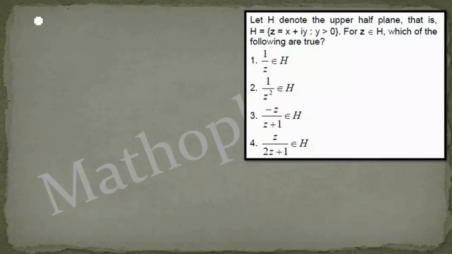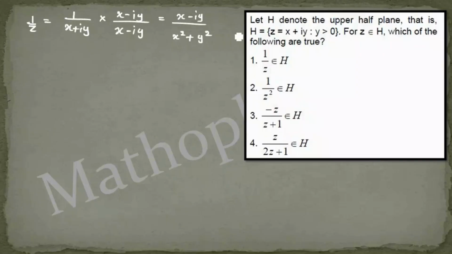So first option பார்க்கலாம். First option is 1 by z which can be written as 1 by x plus iy. இதை conjugate multiply பண்ணிக்கலாம். x minus iy by x minus iy, which will be equal to x minus iy by x square plus y square.